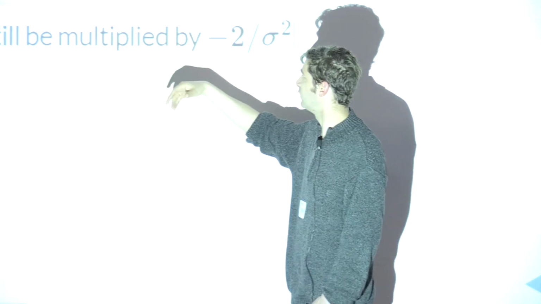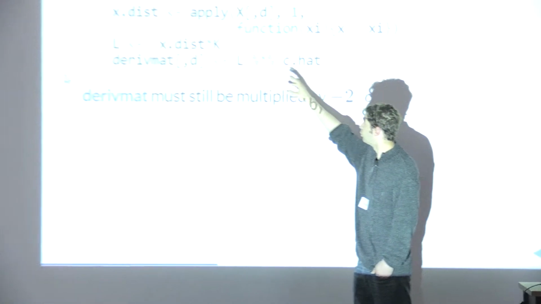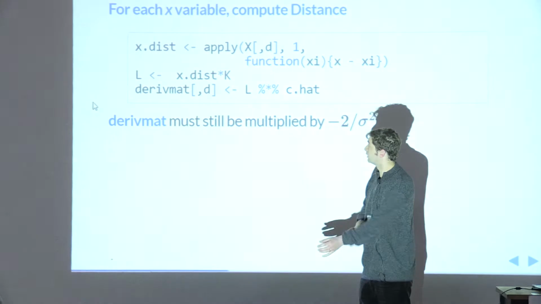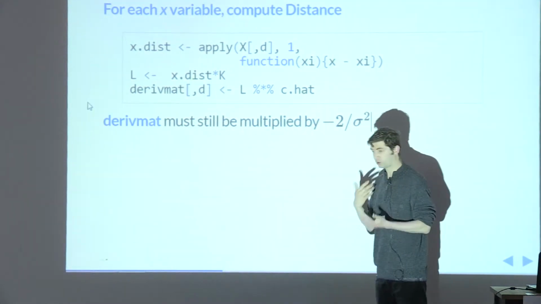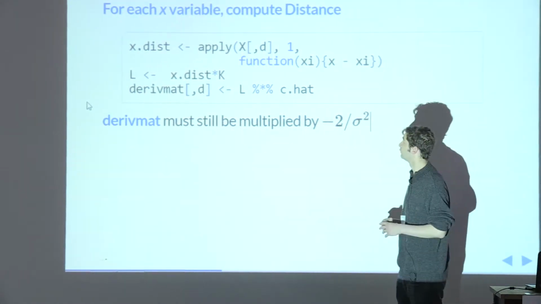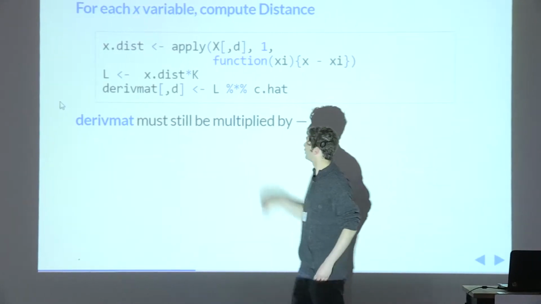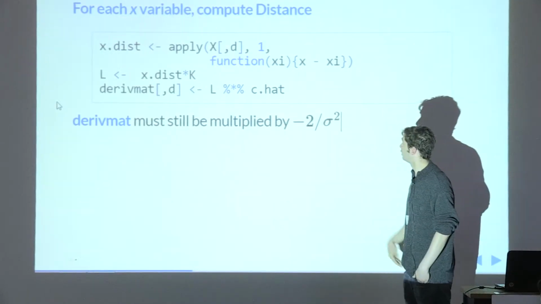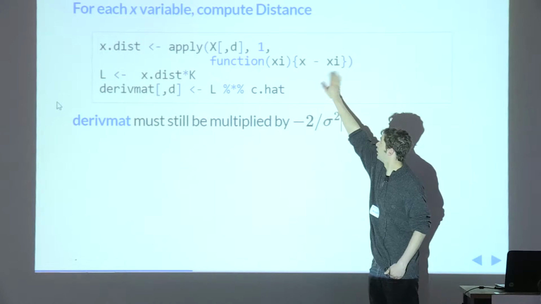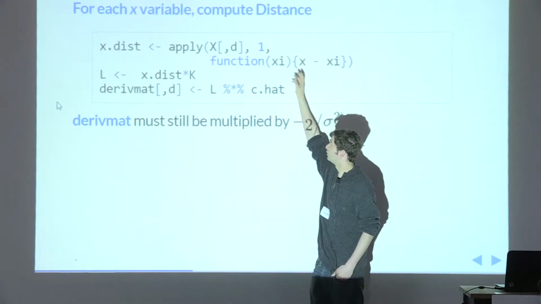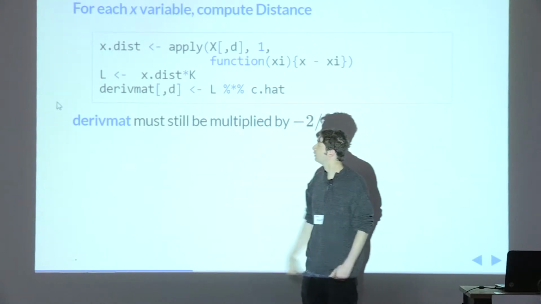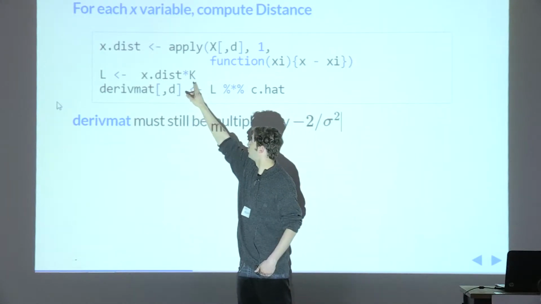It can only take positive values or 0. We want some measure of distance that is signed so that we can actually say which way things are flowing. So we're going to take the dth column of X, and we're going to use apply. And once we use apply with this little function, this is actually going to return yet another n by n matrix. So we have this n by n distance matrix.